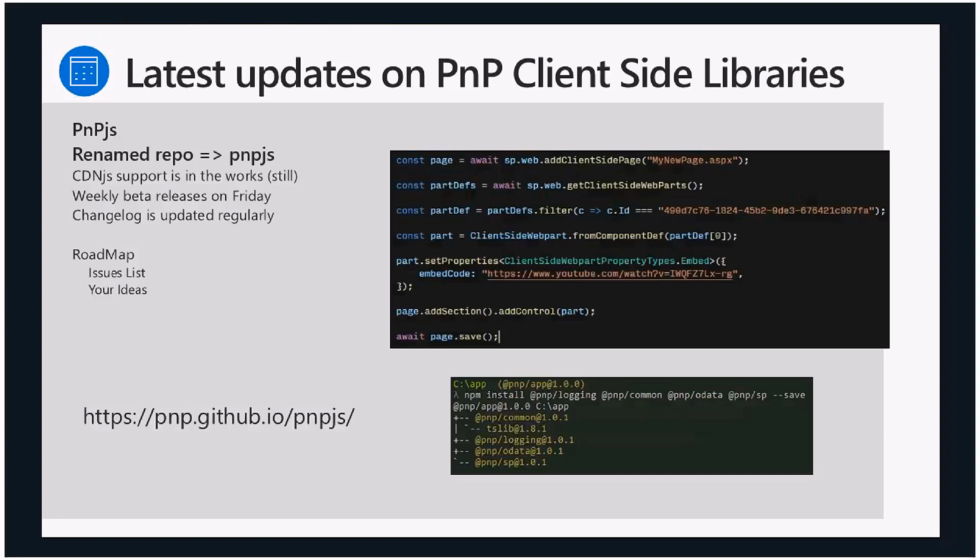The main changes here is that we changed the repository name. The PnP JS is in the PnP organization. There's going to be announcements on that one slightly later in the future. We're doing some reorganization of our samples. But PnP JS is in the PnP organization, and the PnP JS repo has been renamed to PnP JS.